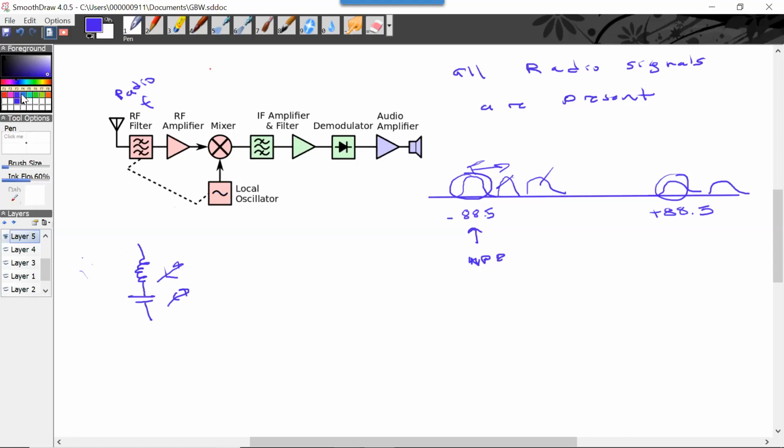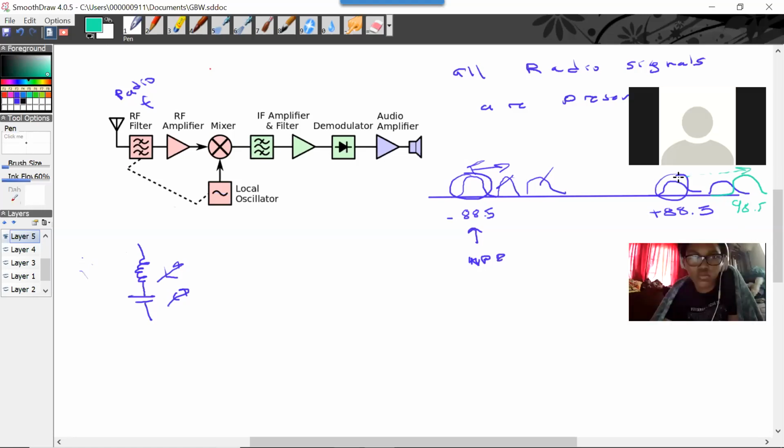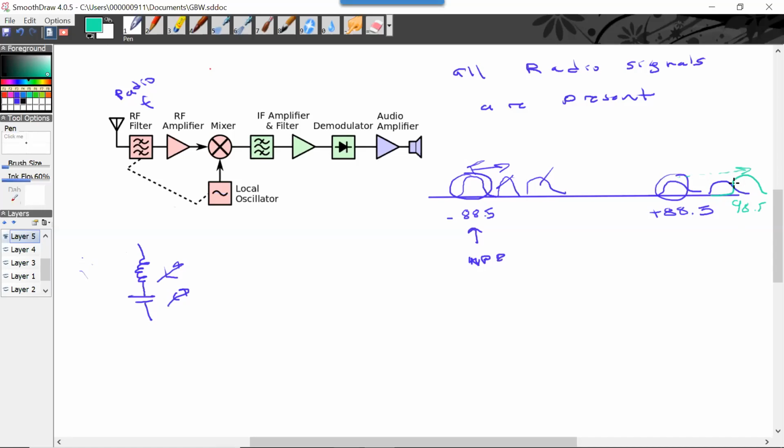So if I wanted 98.5, I'd want to move my filter from here to here. So that means I could just tune the resonant frequency with one of these.